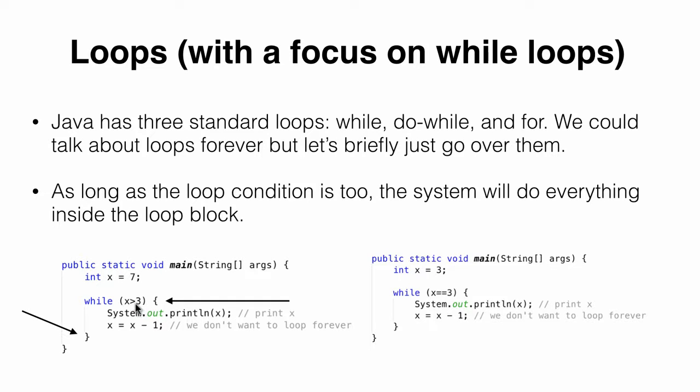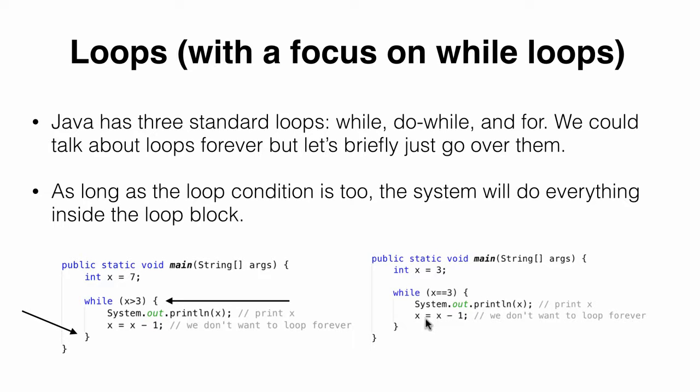So we could do if x is equal to or greater than 3 and make it run just one more time so we can see that we get the 3 statement printed. Here we do x is equal to 3, while x is equal, two equal signs to do the comparison as opposed to one, which is an assignment. We go in here and we print x because x, which is 3, is equal to 3.